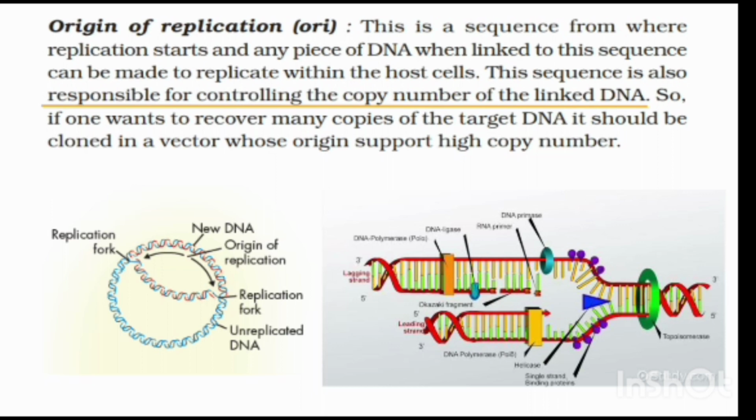So if one wants to recover many copies of the target DNA, it should be cloned in a vector whose ORI will support high copy number. So ORI is not only to initiate the replication, but is also responsible for maintaining the copy number.